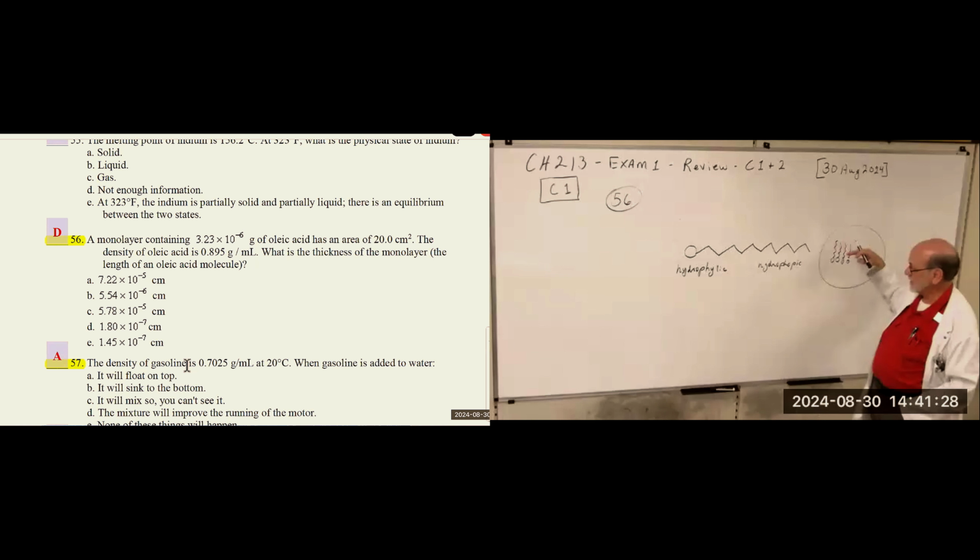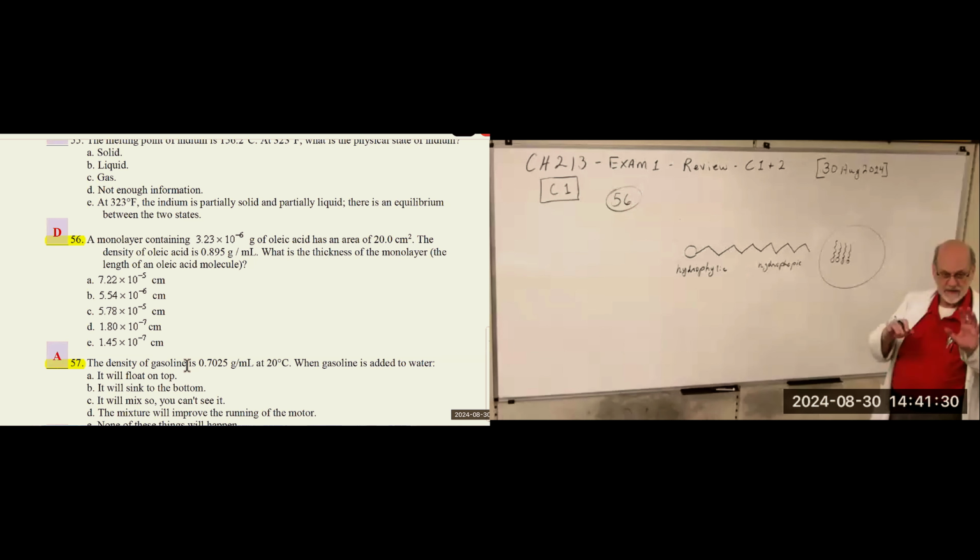This part, the tail of oleic acid, the technical term is they dissolve in one another. So if you turn it on its side, you get this monolayer, which is the length of the molecule.